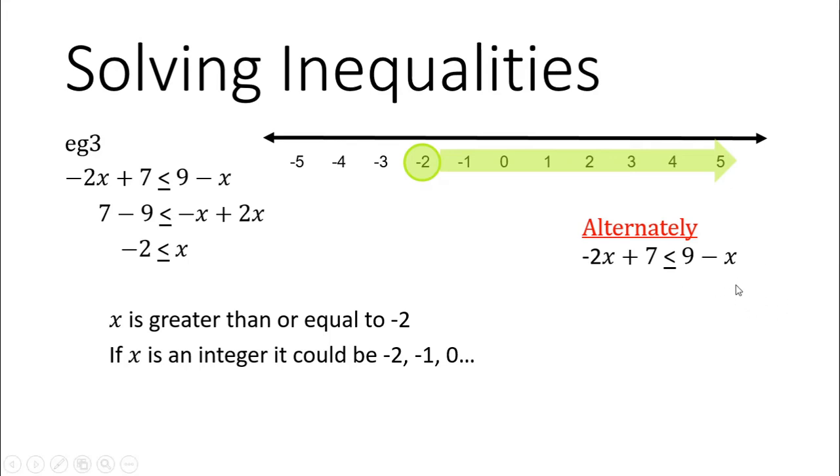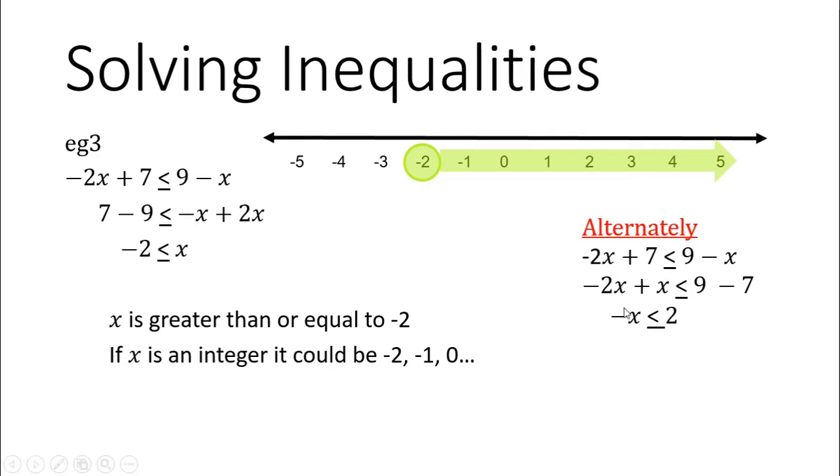So if I made the mistake of saying I'm going to move this -x over to that side because that's going to make that positive x, but I'll have -2x plus x, it's not going to make things positive. -2x plus x is just going to become -1x. And minus x being less than or equal to 2 is not the solution to this inequality. I need the solution to be just x on its own, no minus sign out front.